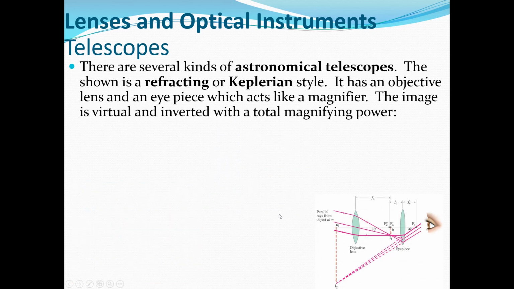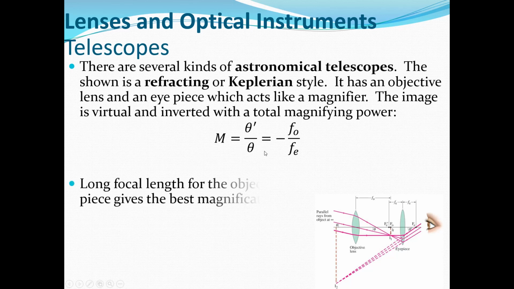There are different types of telescopes. There are telescopes that use lenses. This is what's called a refracting telescope. Basically, it ends up being just a gigantic magnifier. The magnification power is found by taking the ratio of the objective lens and dividing it by the eyepiece.